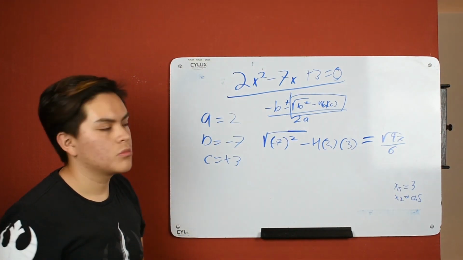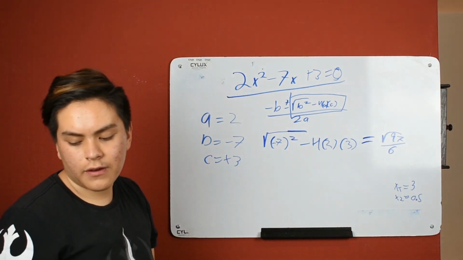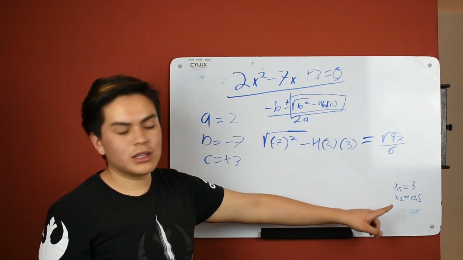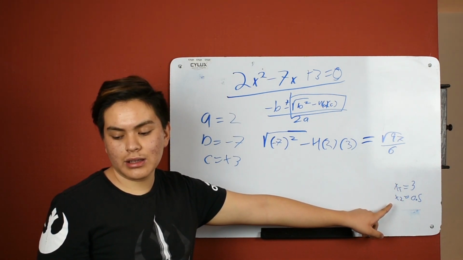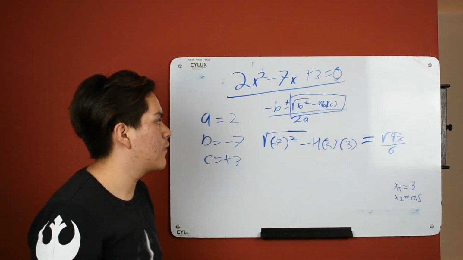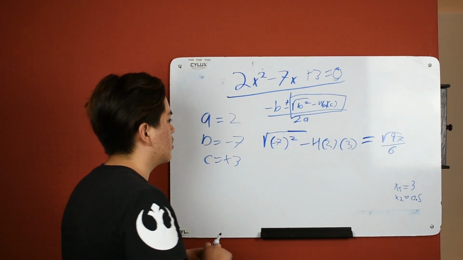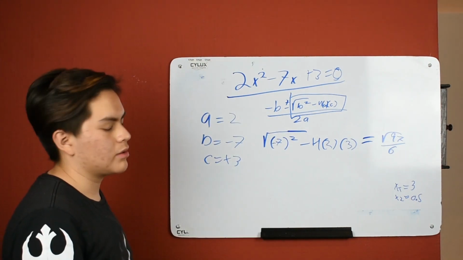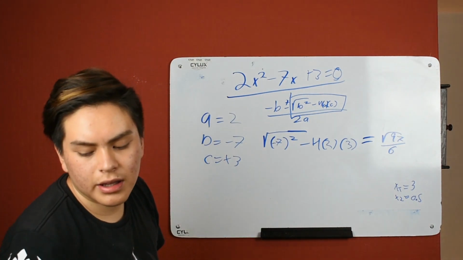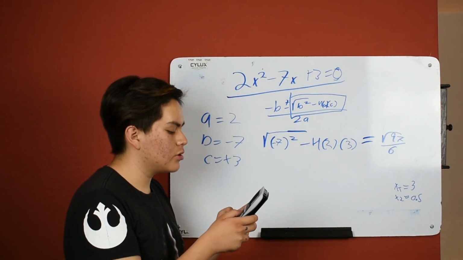So to resolve it on the calculator, we have that x1 is 3 and x2 is 0.5. So in order to find the parabola, we need to identify the variables.